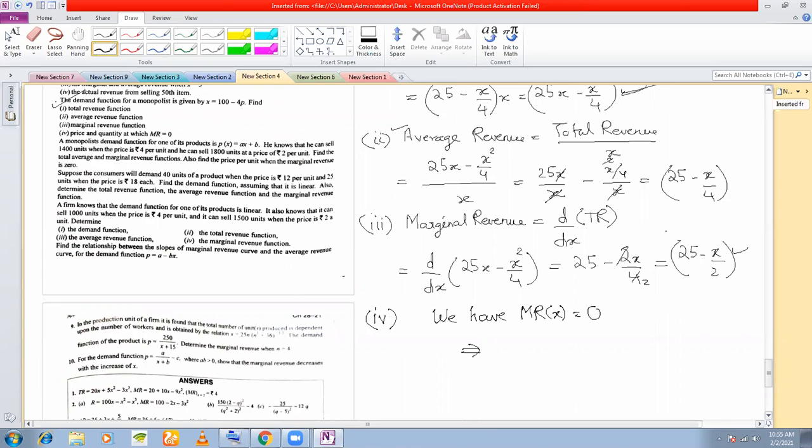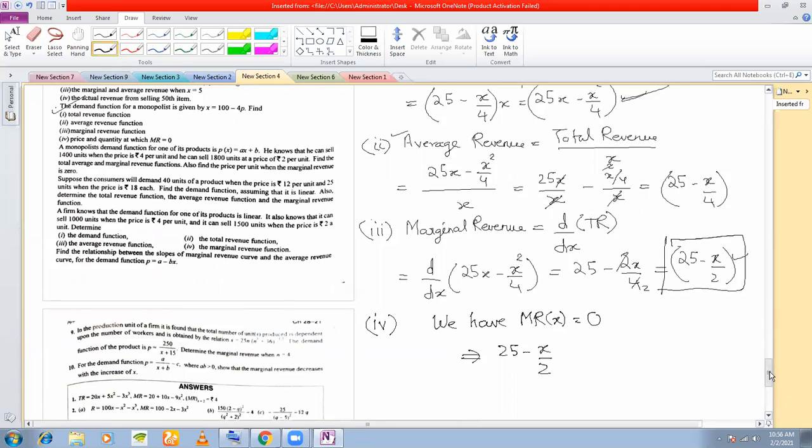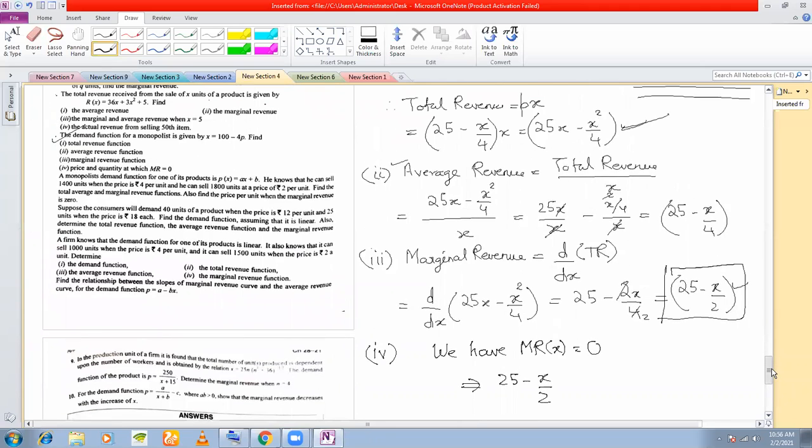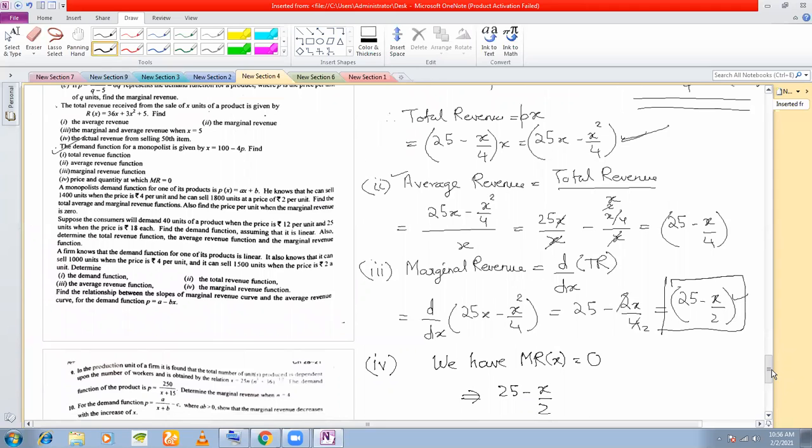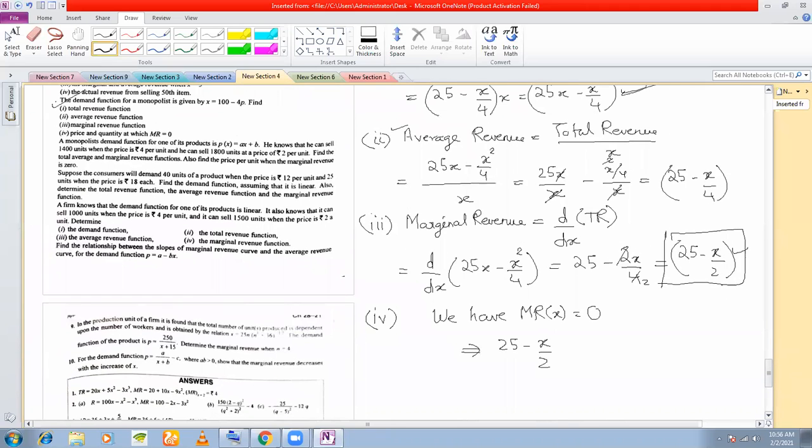What is the marginal revenue function we have found out? 25 minus X by 2. Okay, differentiation is okay, 25 minus X by 2.